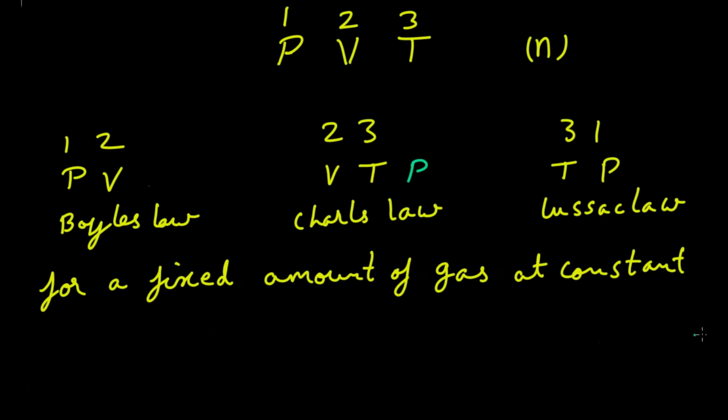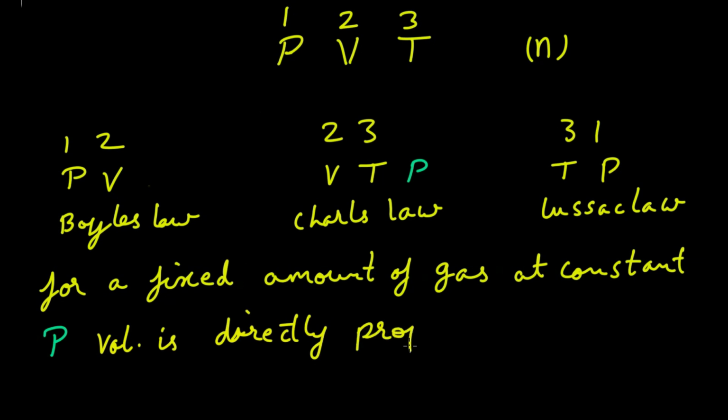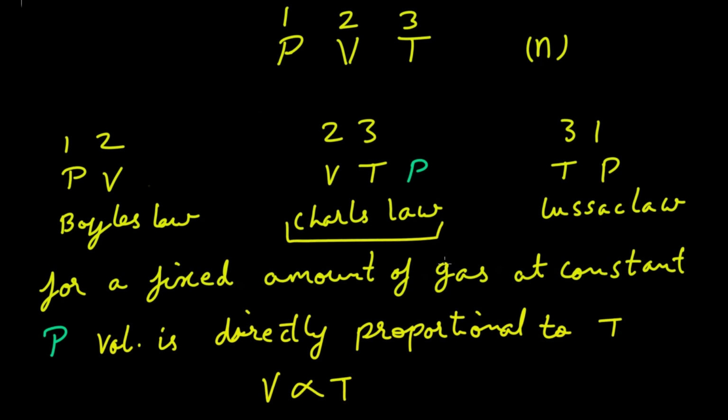So for a fixed amount of gas at constant pressure, volume is directly proportional to temperature. That is, V is directly proportional to temperature. This is your Charles' law, right?